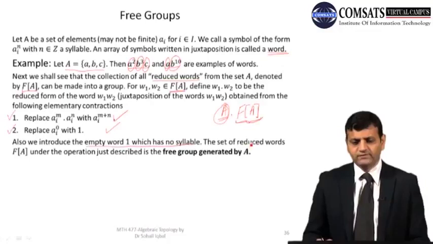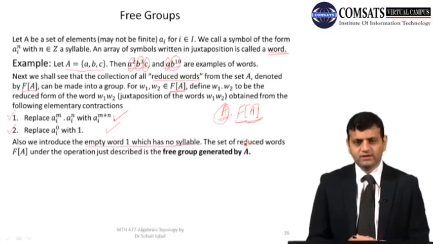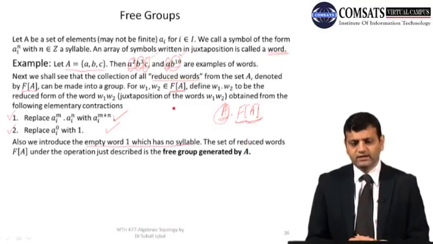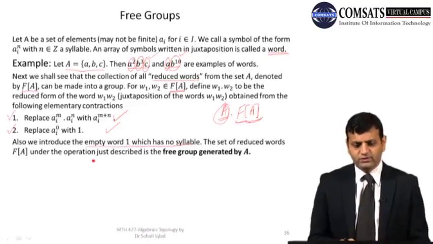Okay, so we have done many steps. In the first step we defined what a word is. So a word is a collection of this form. Secondly, we want to reduce the words. So how to reduce the words?